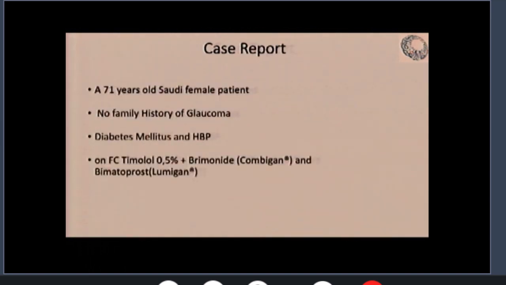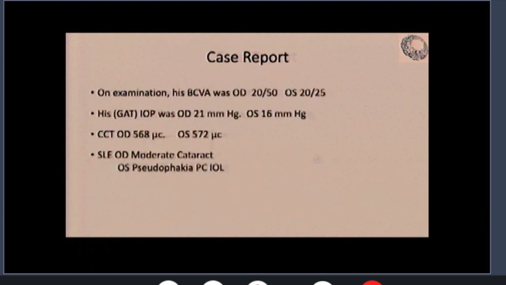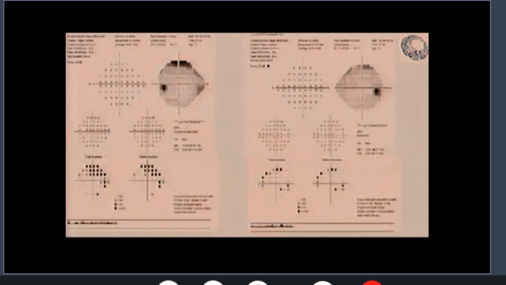But the patient is already on 3 meds. Good. SLT is a good option. It will also be a good option. Adding more medication could also be a good option. So all options are open in this particular case. All right? Any question? Clear? Thank you.